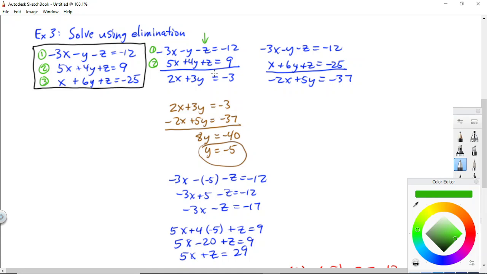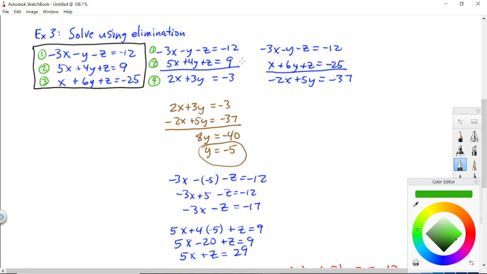Add those together, it'll get rid of the z. That's progress, right? So now we have 2x plus 3y equals negative 3. We'll call that equation 4. Okay, it's not one of our original ones, but that's one we're going to be working with now.